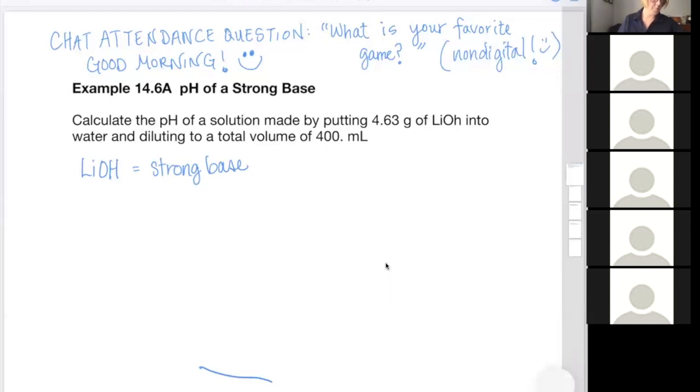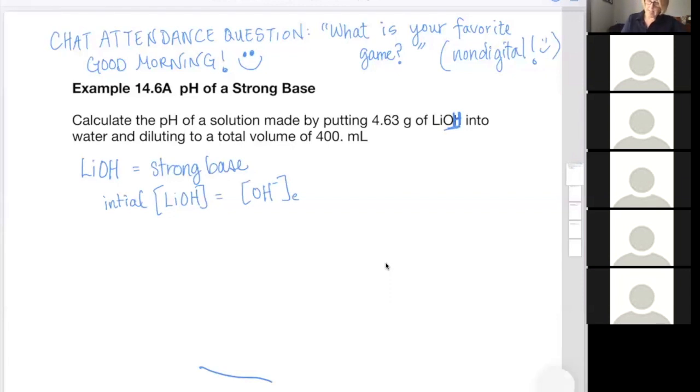So the equilibrium concentration of the hydroxide part of the lithium hydroxide would be equal to the initial LiOH concentration.